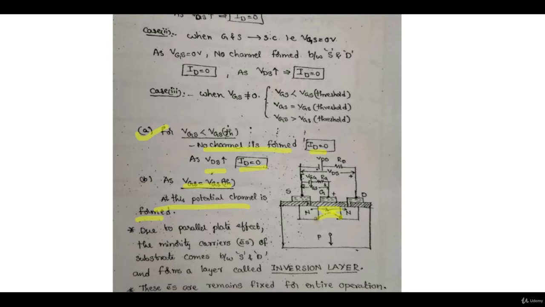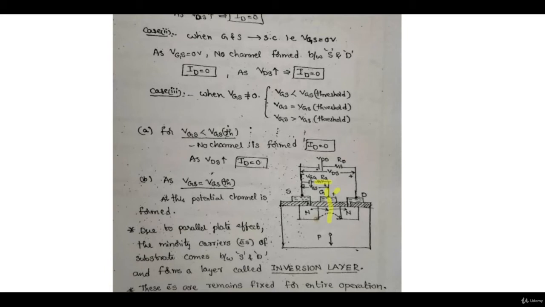Why is this channel made? Because once you have a proper value of VGS, since the gate is connected to positive and the source is connected to negative, the electrons will try to reach this positive terminal.